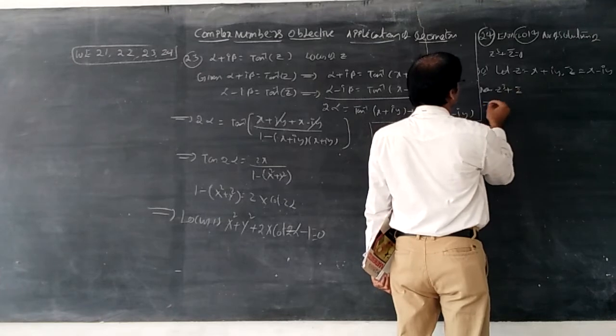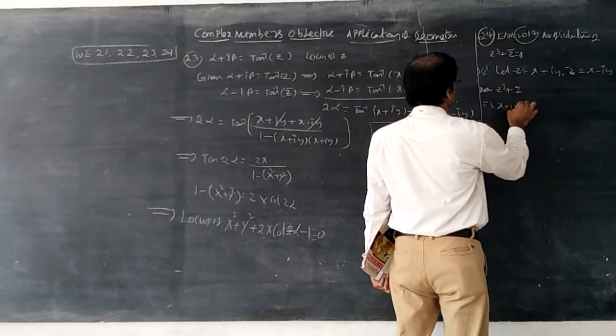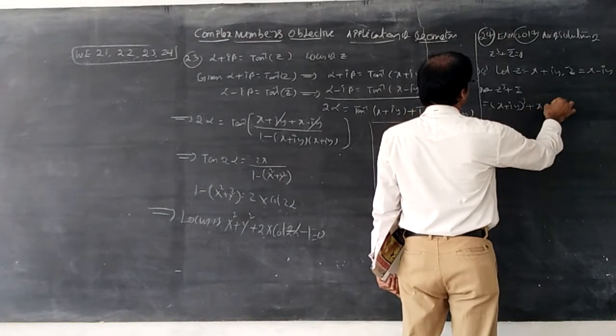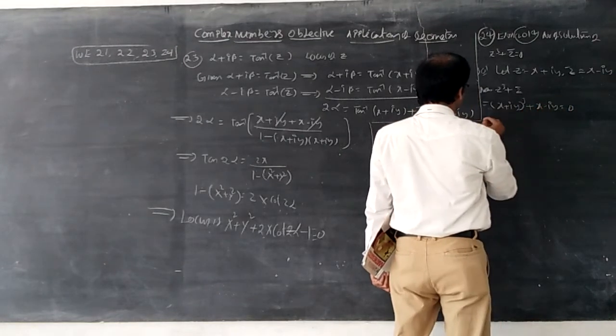(x plus iy) whole cube plus (x minus iy) is equal to 0.